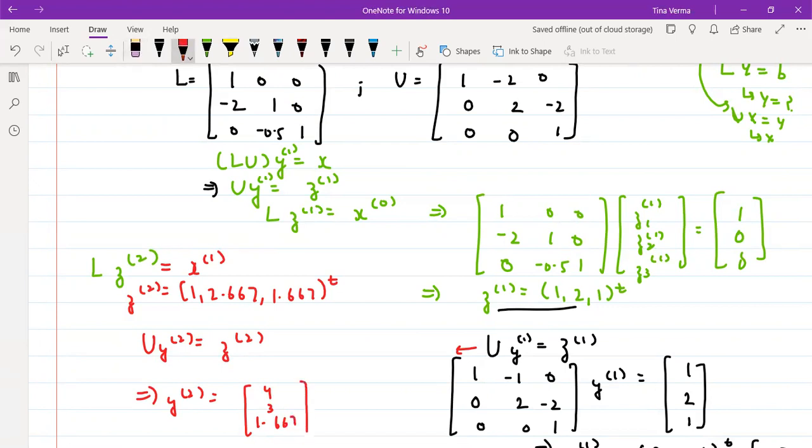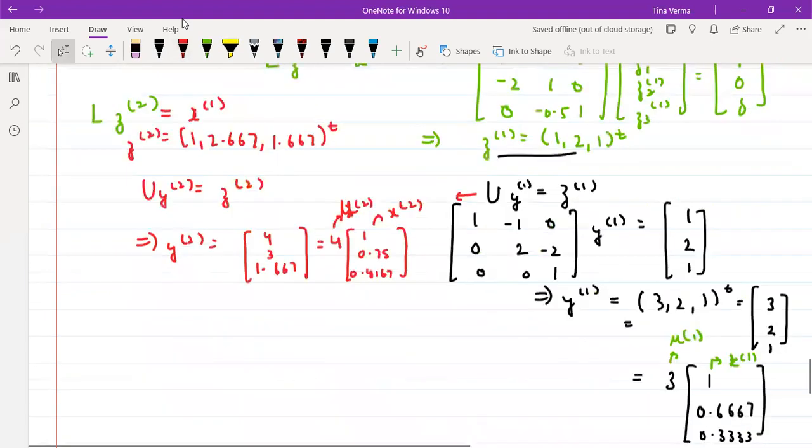With 4-digit rounding, now when you take the maximum out, this is 4, so this is 1, this will be 0.75, and this will be 0.4167. So this is your mu2, not lambda, and this is your eigenvector x2.